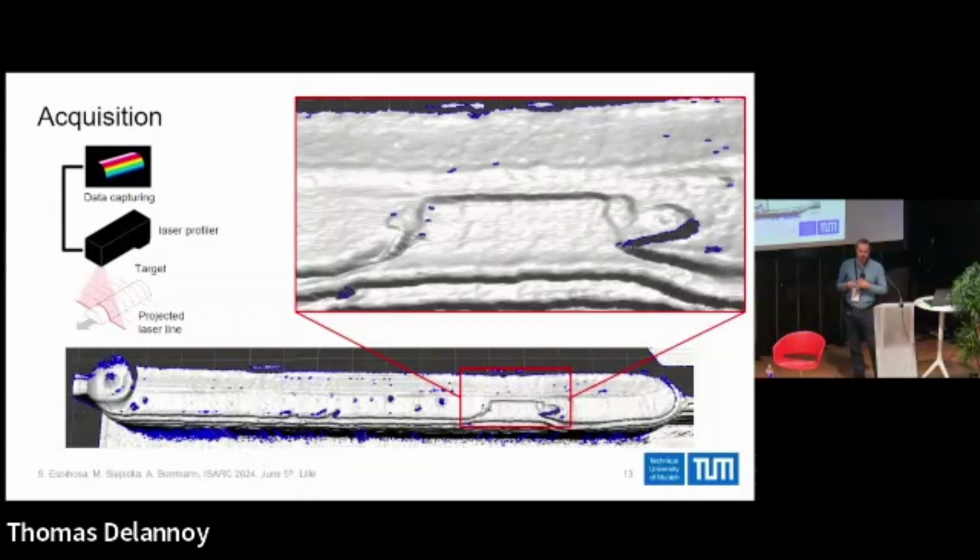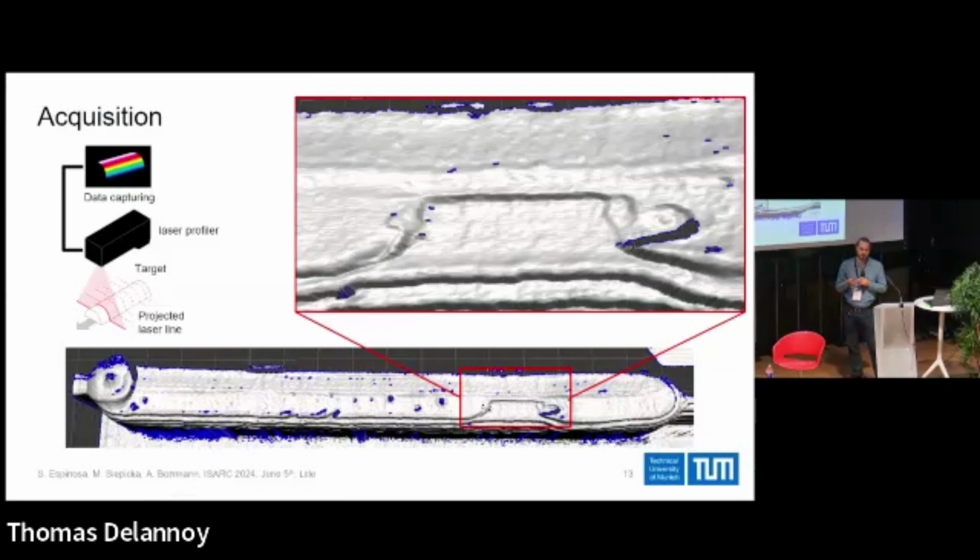And the question is now how to control this laser scanner. As we use single laser lines and we need to combine them to a model, we need the position of the laser scanner at every time it measures. So we need a control mechanism where we know the position.